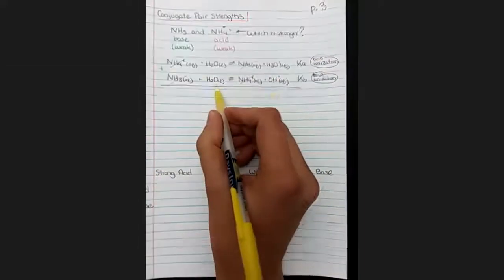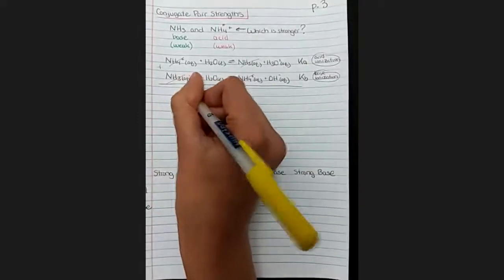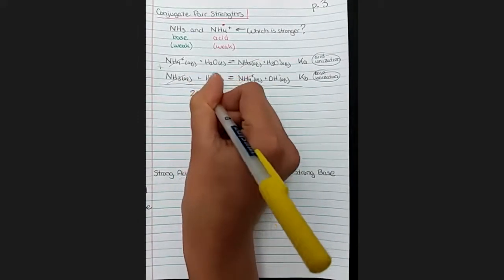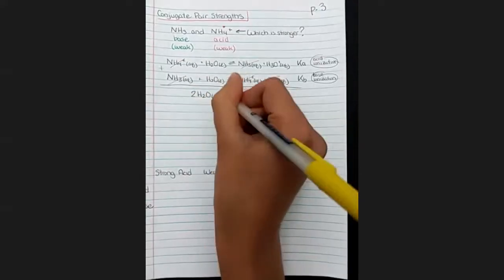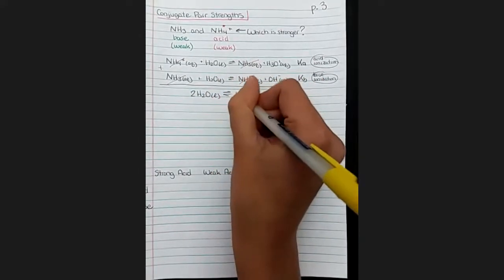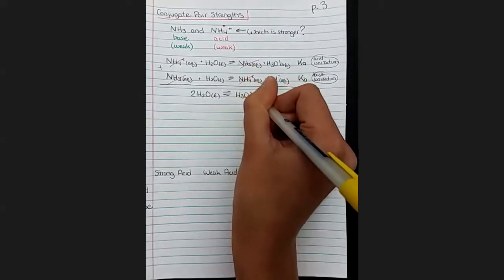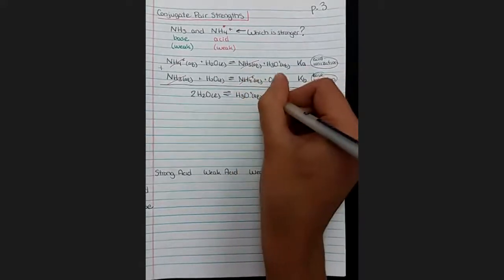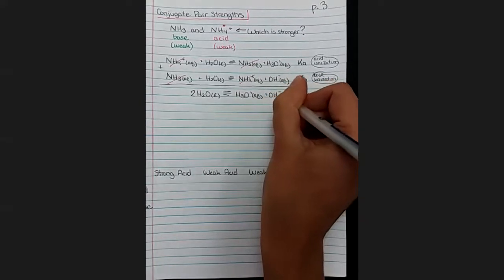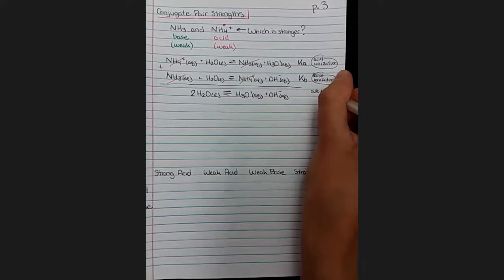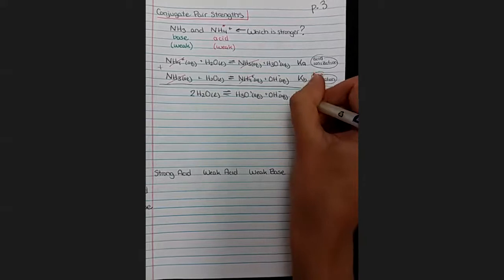So all we're left with is the boring stuff, all the information about water. 2 H2O equals H3O+ plus OH-. And I really do hope that this looks familiar. This is about the 3rd time we've written this. It's the auto ionization of water, water acting as both an acid and a base with itself. We named that Kw for water.